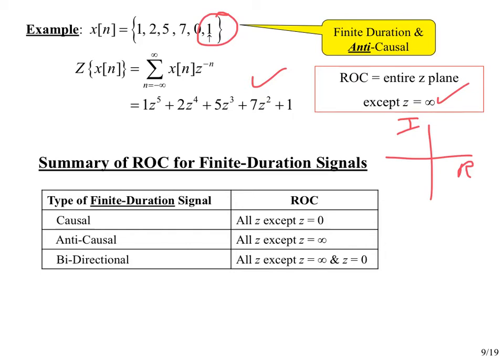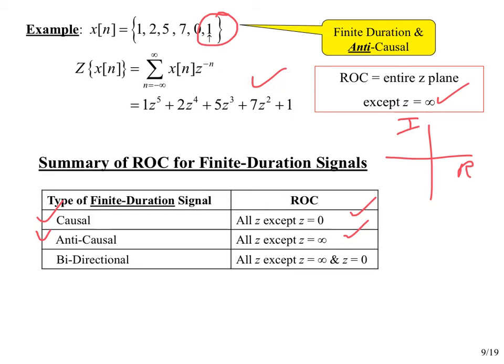Okay, so summarizing these three results, and we just did this through example, but it's pretty straightforward to convince yourself that this would be true in general. So if we have a finite duration causal signal, the region of convergence will always be all of the z-plane except at the origin. If we have an anti-causal finite duration signal, we must exclude z equal to infinity.